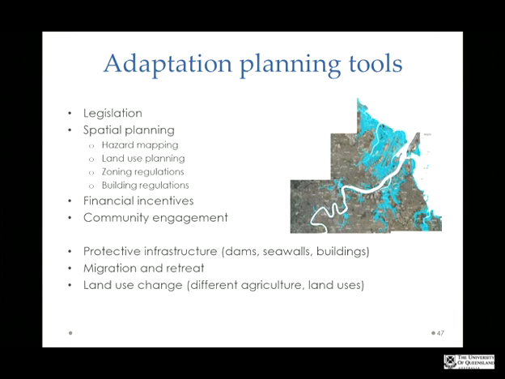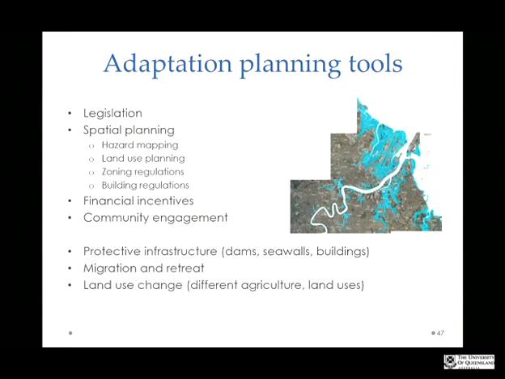And the different approaches, I suppose, that can be used. In our adaptation planning, we can build protective infrastructure. We can build flood prevention dams, walls and levees, and we can change how buildings are constructed. We can also decide that one place is just not very suitable in terms of future climate, and we'll move people out of there or change the land use.